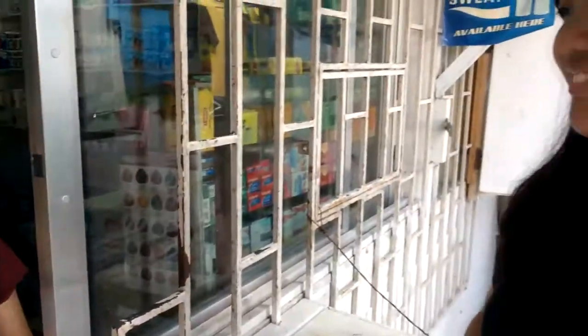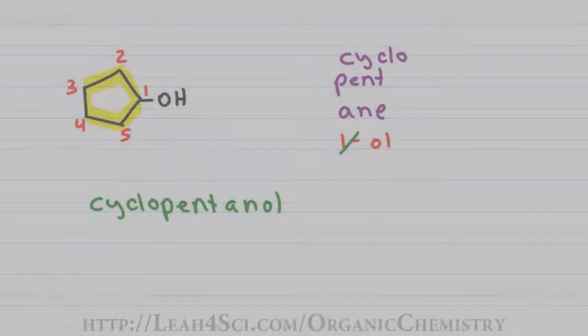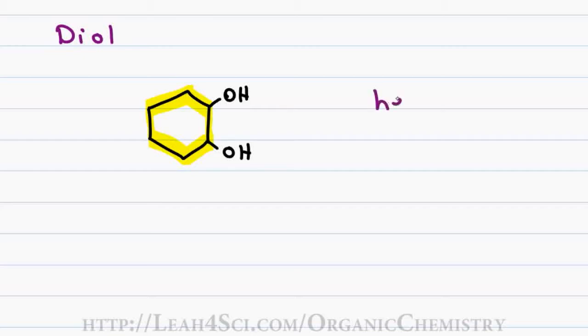A diol is a compound that has 2 OH groups on the same molecule, and we'll use this as an example. My parent chain has a total of 6 carbons in a ring. That gives me a first name of hex and a prefix of cyclo. Only single bonds gives me a last name of ane. Since this is a symmetrical molecule, I can choose to number from either direction as long as one OH group gets number 1 and the second one gets number 2.